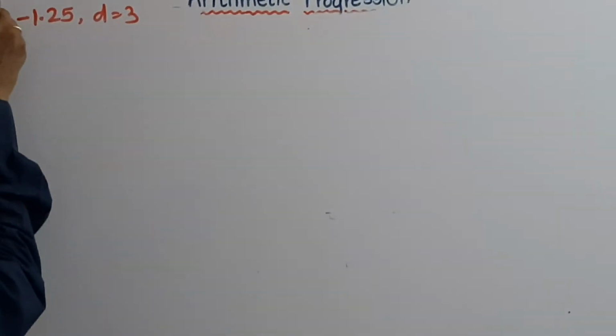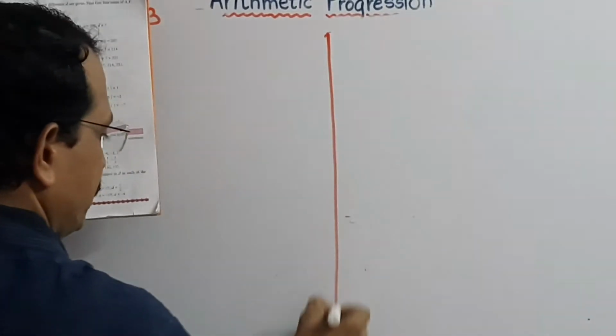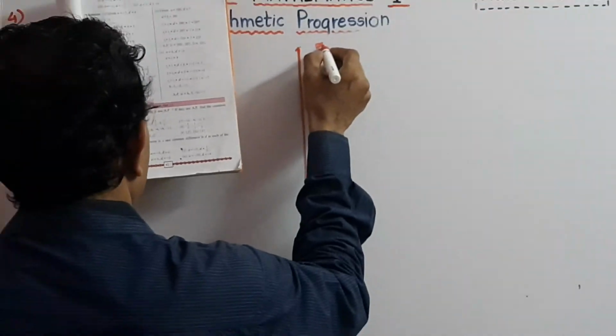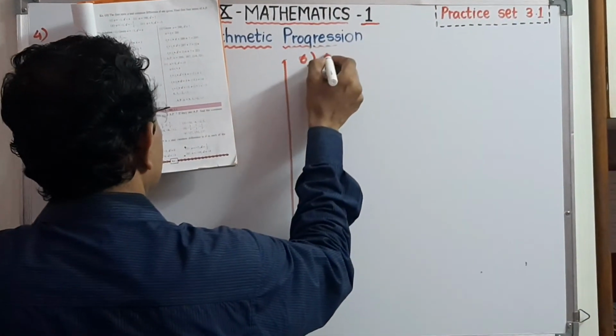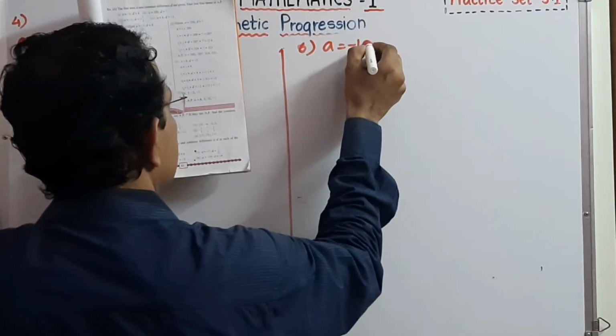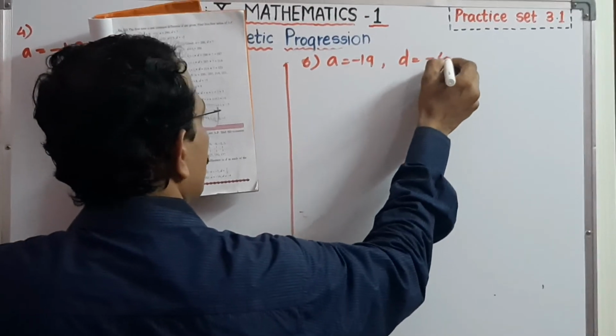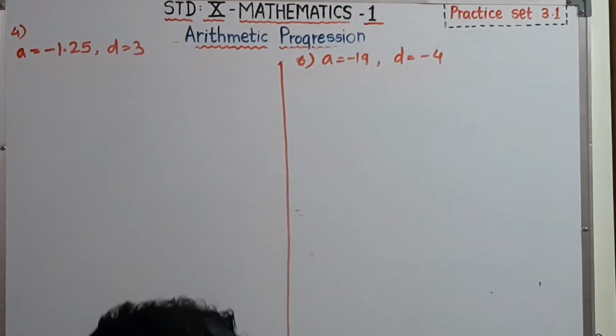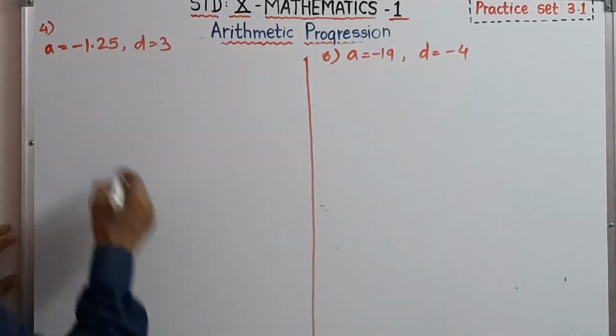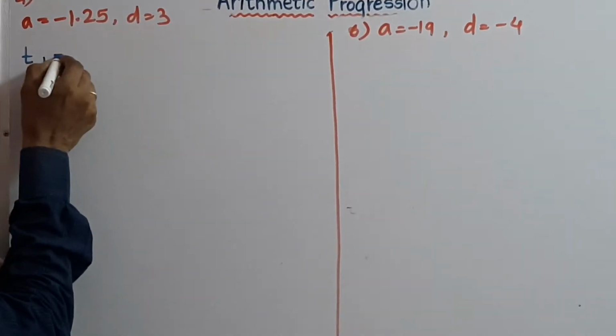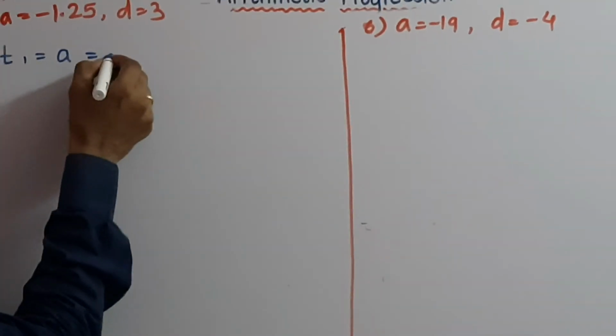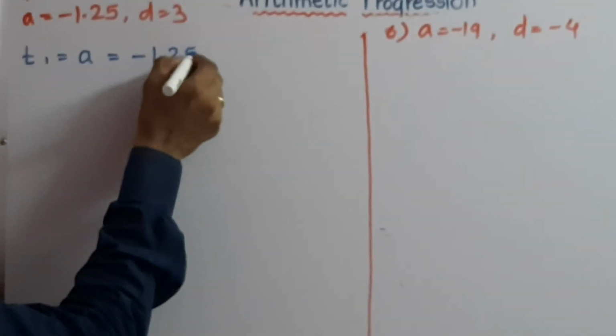This is the fourth one, and the fifth one you can solve. The sixth one is A is equal to minus 19 and D is equal to minus 4. Yes student, see T1 is equal to A is equal to minus 1.25.